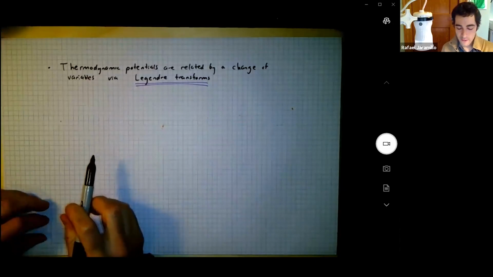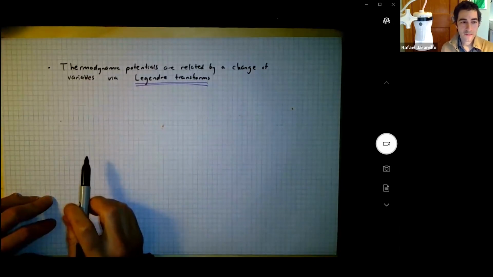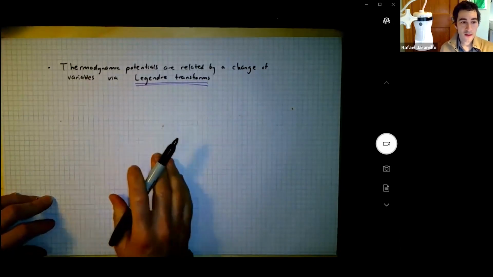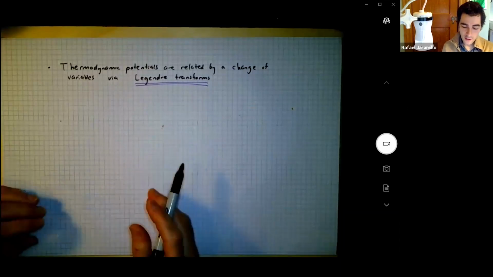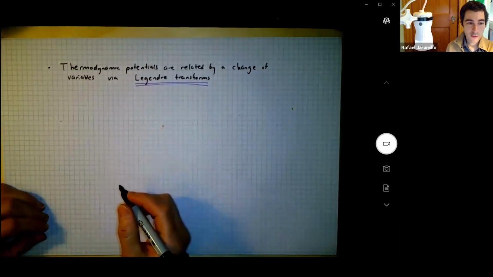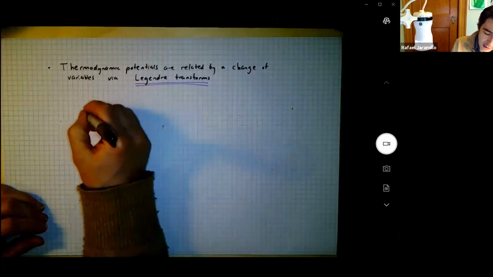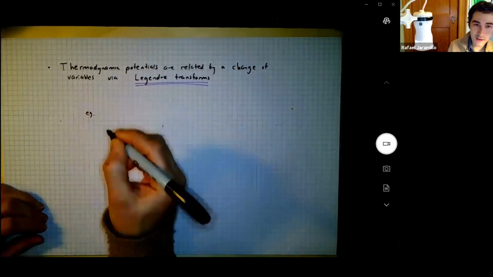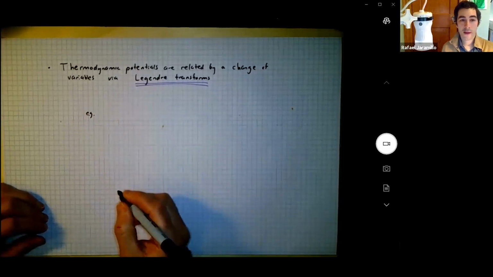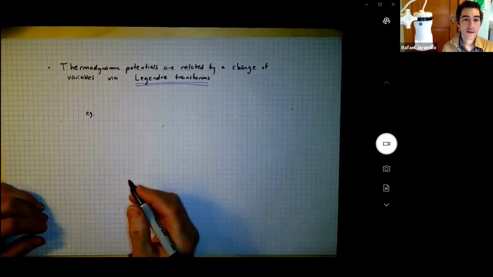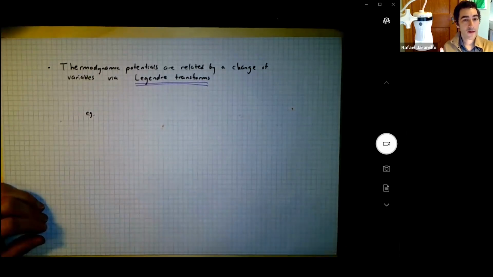This is a math concept. For those of you who've seen Legendre transforms in your math classes, that's great. For those of you who are curious, you could start with the wiki entry. We're not going to cover it in detail. You can think of it as just one more type of transform, like a Fourier transform or a Laplace transform. The Fourier transform, for example, changes your natural variables from time to frequency.